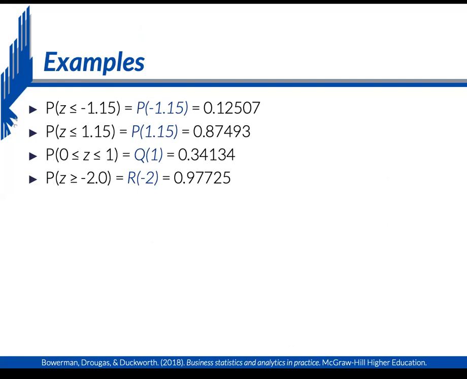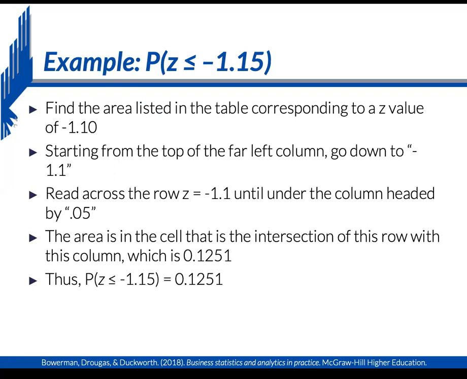So using those functions for the previous examples that we've discussed, if you need to look for the area to the left of -1.15, then you can just use the P function. So use the P function and then type in the z-score -1.15, and the calculator will give you a more exact value, precise up to 5 decimal places, which is 0.12507, which is the same as what you would obtain if you use the standard normal table.